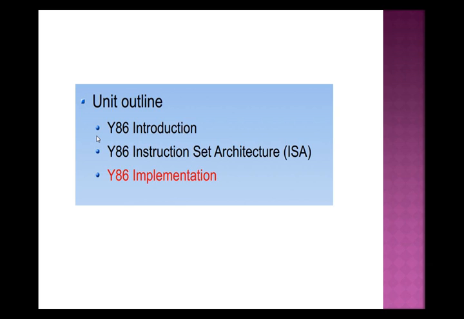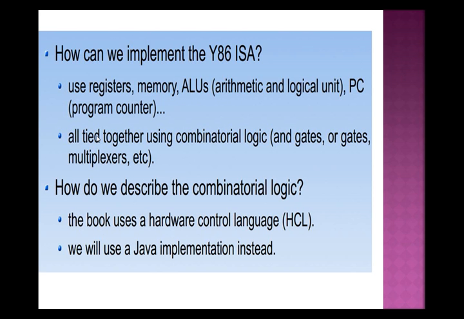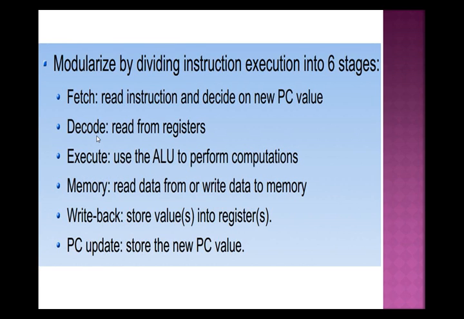Then the next topic is how to implement Y86, that is Y86 implementation. In this we discussed the requirements of Y86, that is CPU, registers, memory, and the combinational logic, and how to describe the combinational logic, which is defined by HCL.